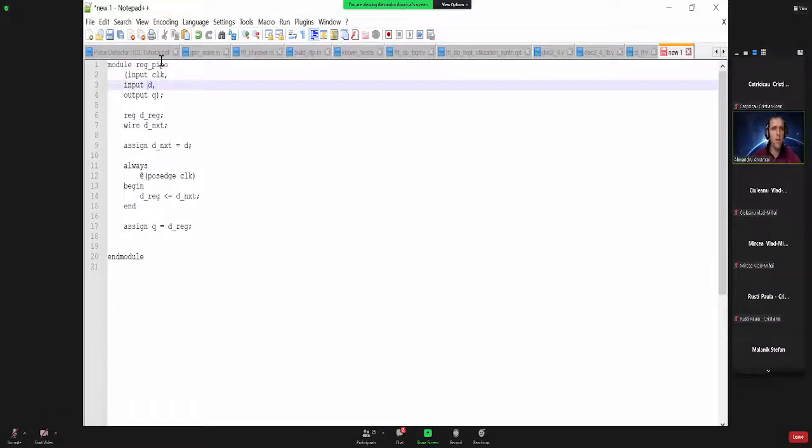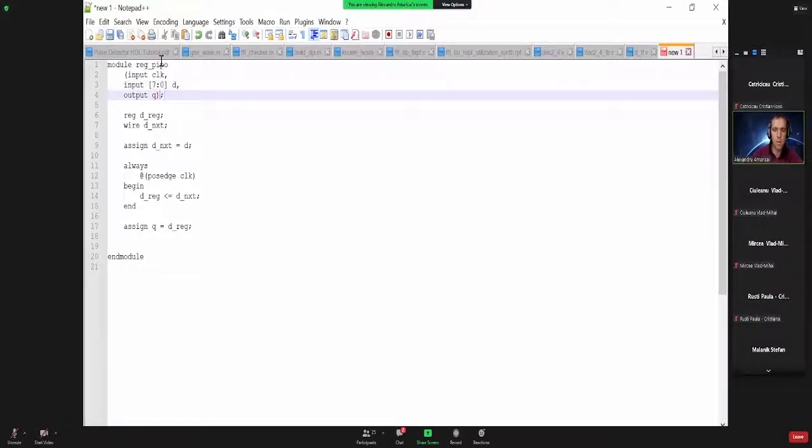Okay, so how many inputs and how many outputs did I say? 8. So it's parallel in, parallel out. This is the parallel in. This is the parallel out. Okay. So this is the code.